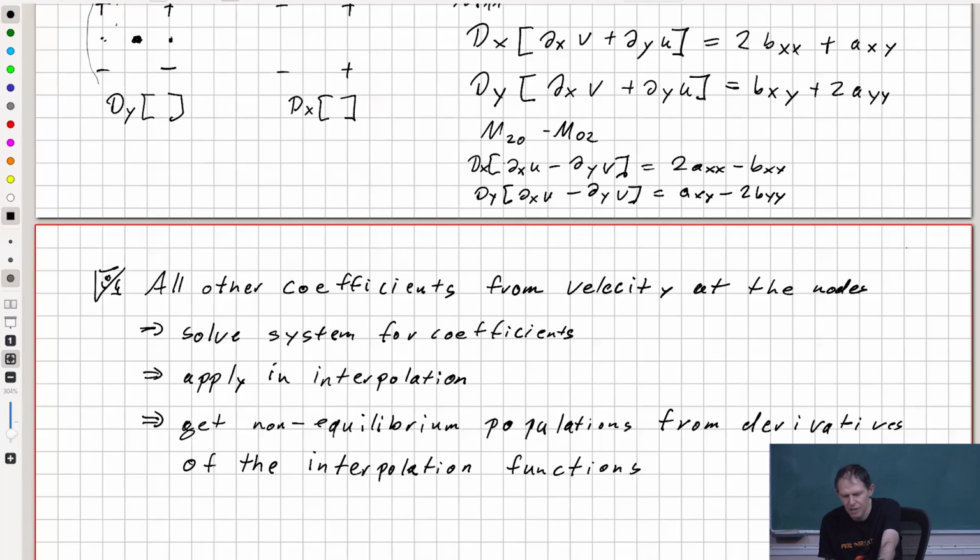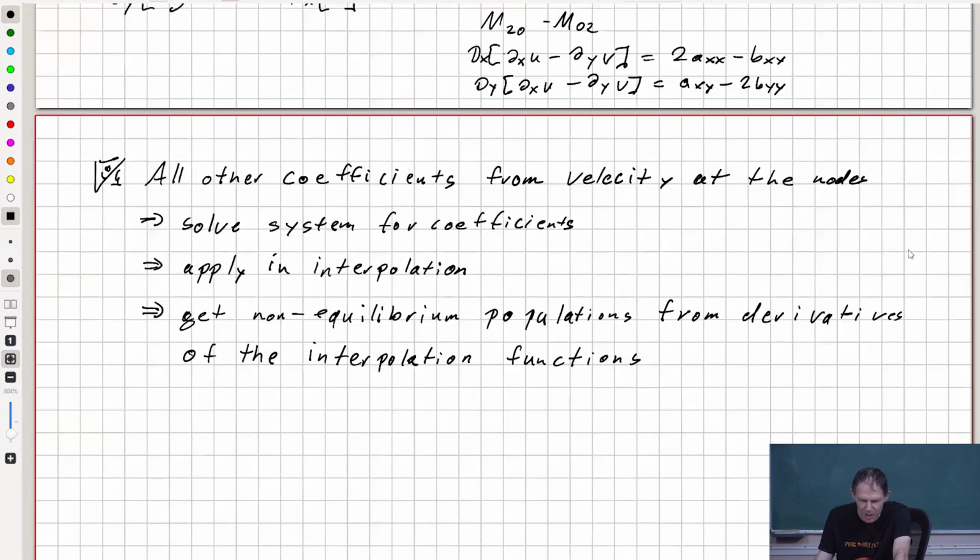Okay, so this leads us at last to the algorithm that we are using.